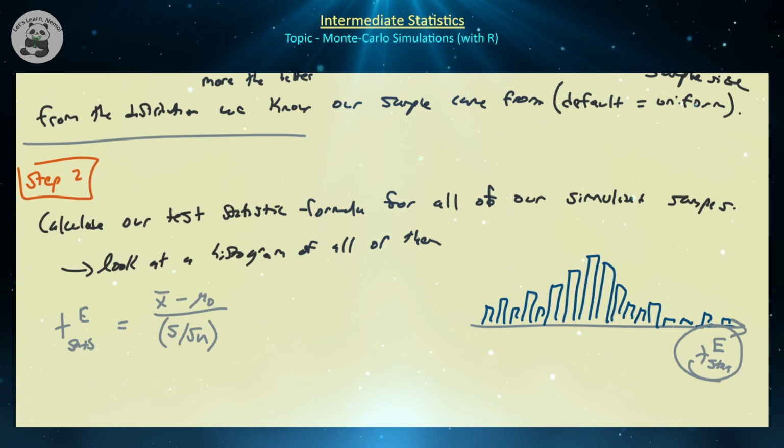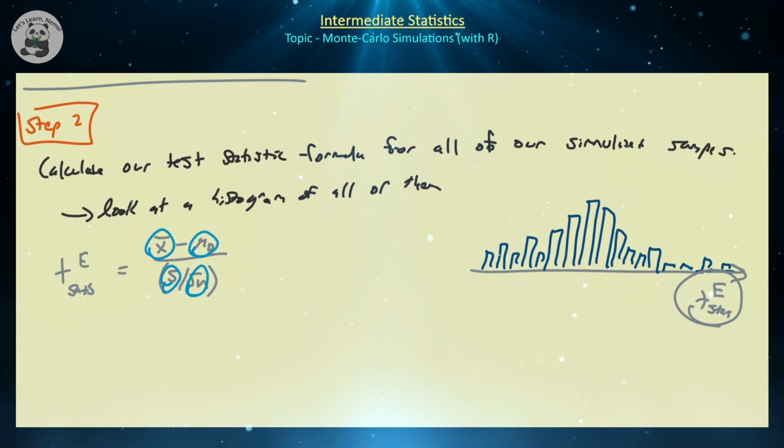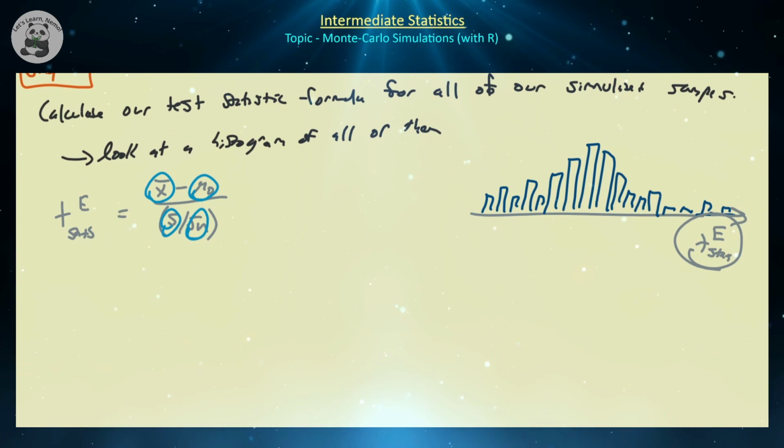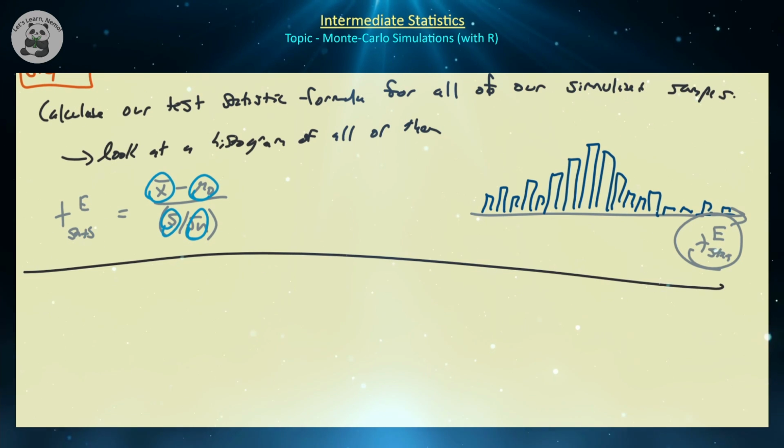Right? So that's the x bar of each of our 1 million samples. That doesn't change for any of them. That's our sample standard deviation for each of our samples, and that's the square root of n, which should be fixed for each of the samples if you've chosen them all to be the same exact sample size. Right? So we calculate our test statistics for each of our samples.